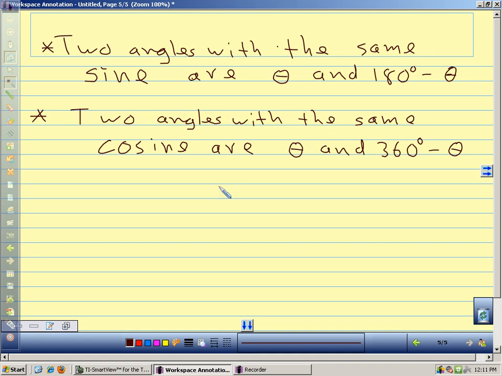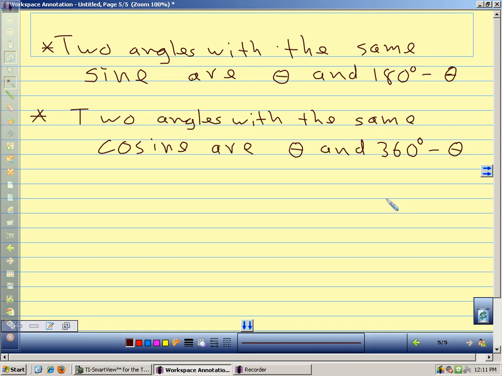So if we need to find an angle and we have the cosine ratio and we use inverse cosine, our calculator is going to give us one answer. Another possible answer is 360 degrees minus the angle. So both of those angles are going to have the same cosine.